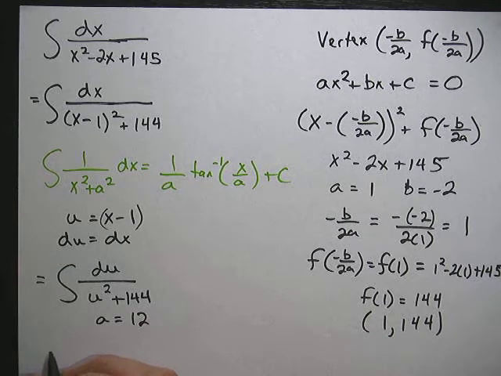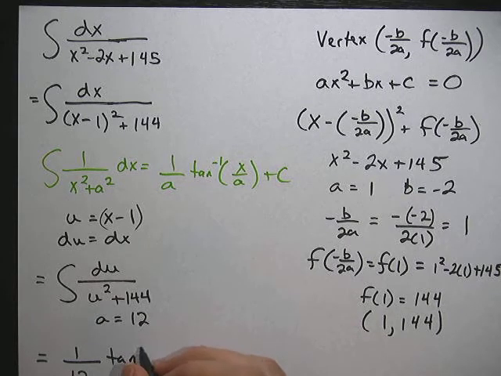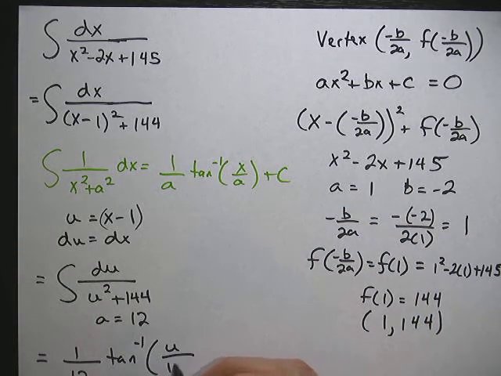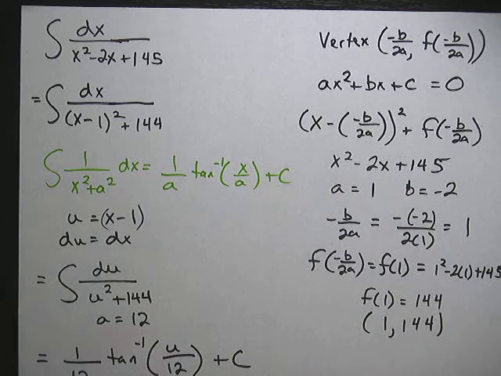So we have as our answer 1 over a, so 1 over 12, times tangent inverse of u over a, which is 12, plus c. Now, that's in terms of u.